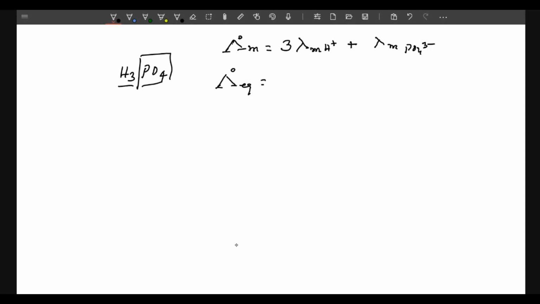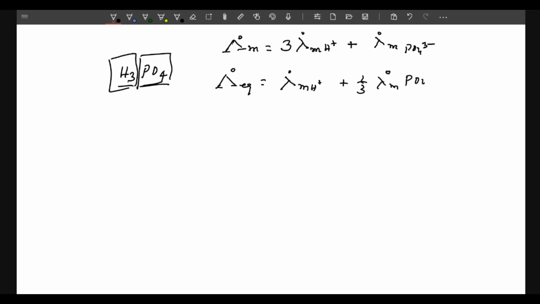Here 3 into 1, or if you take phosphate ion, 1 ion into the charge of 3, therefore divide by 3. You will get lambda m of H plus, so all the terms are lambda naught plus 1 by 3 lambda m of phosphate.